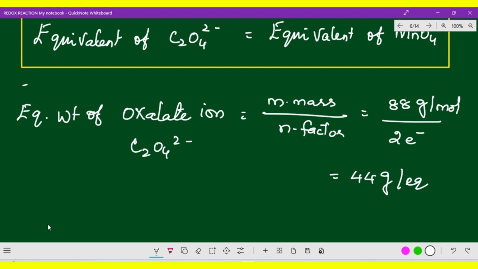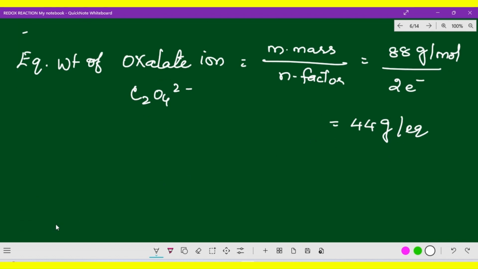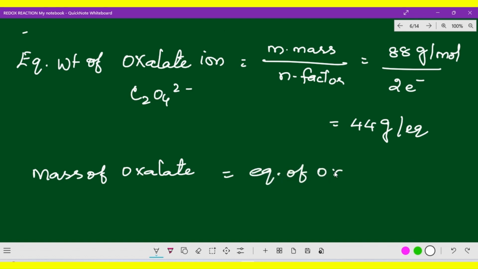Now let us check the mass of oxalate. How to identify the mass of oxalate? Here, equivalent of oxalate ion into equivalent weight. The equivalent of oxalate ion we have already discussed at the starting point, in the normality point.